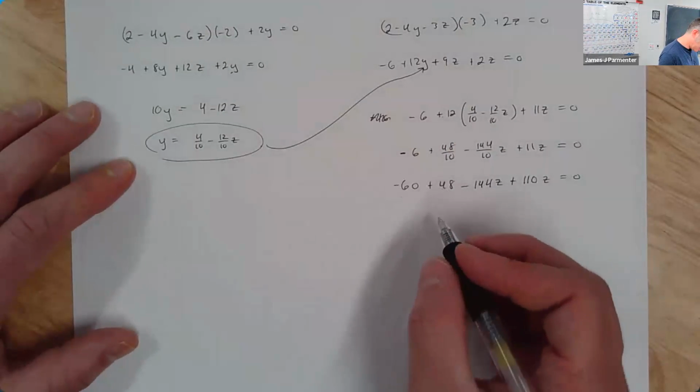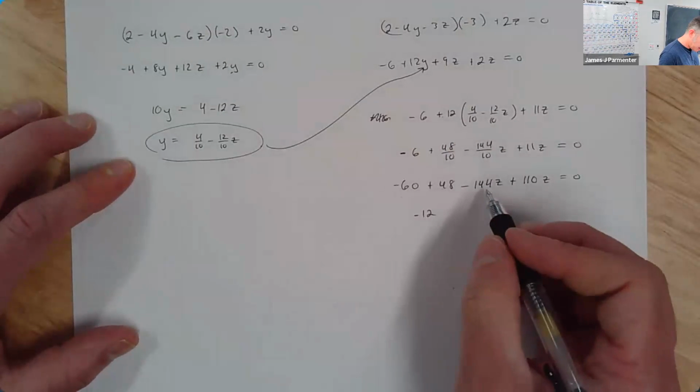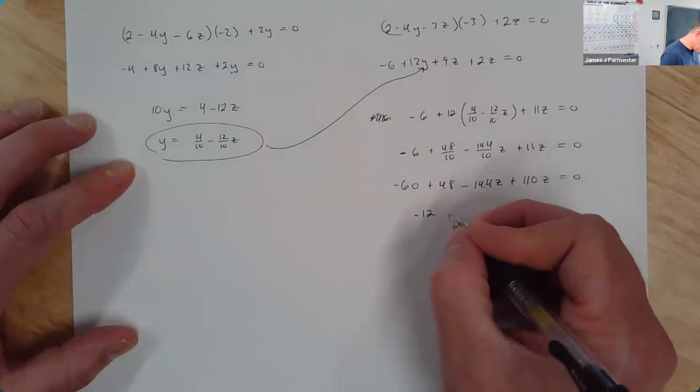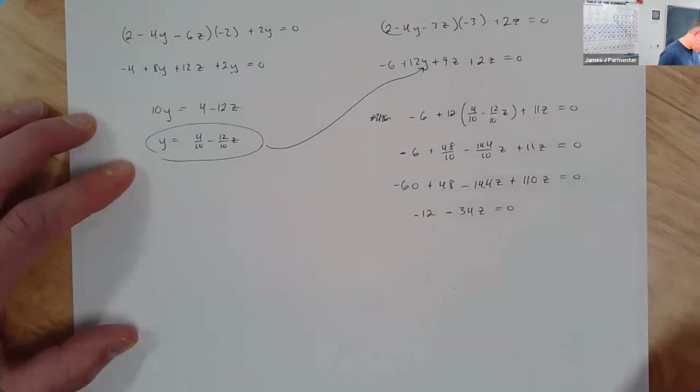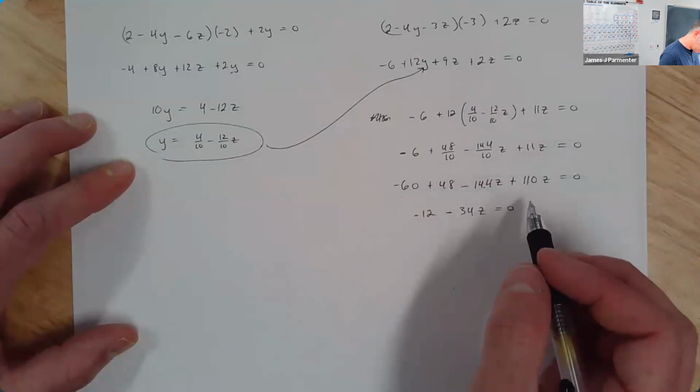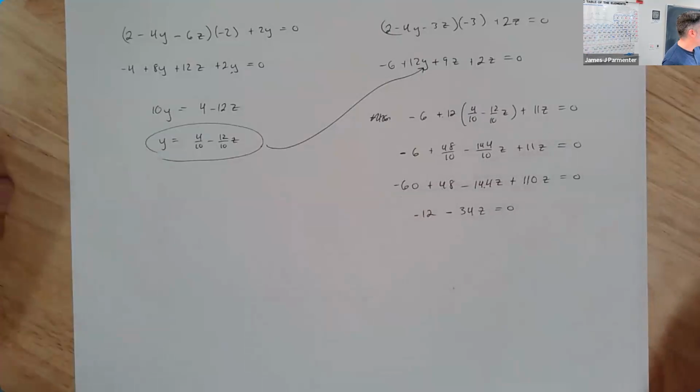Negative 60 plus 48 is negative 12. Negative 144 plus 110 is negative 34z. That does seem weird. Sorry, I'm just having an existential crisis here.